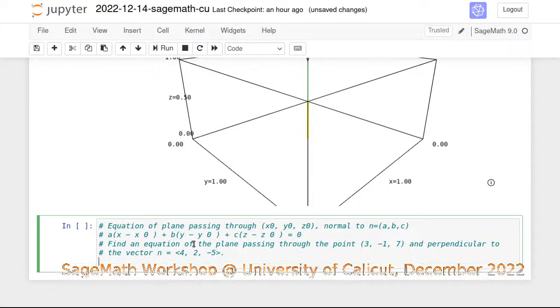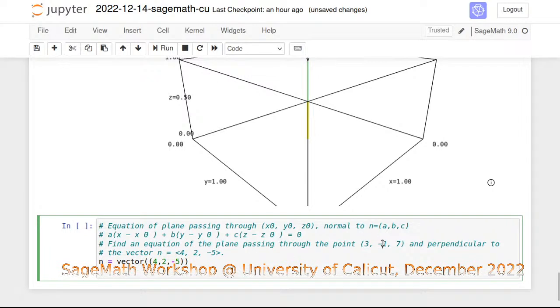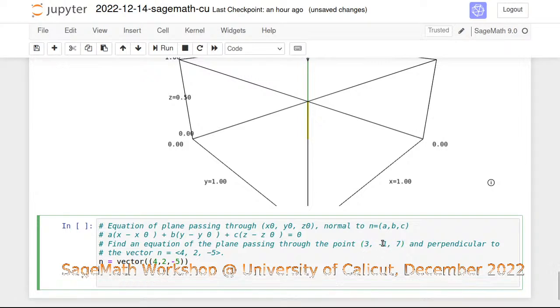Let us take n to be the vector 4, 2, minus 5. We already have the standard equation for that, passing through the point 3, minus 1, 7. So let's take a, b, c to be this, or the point to be this. The passing point is this.